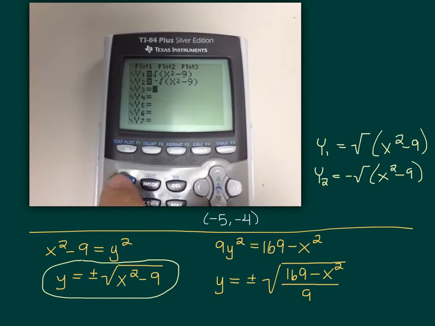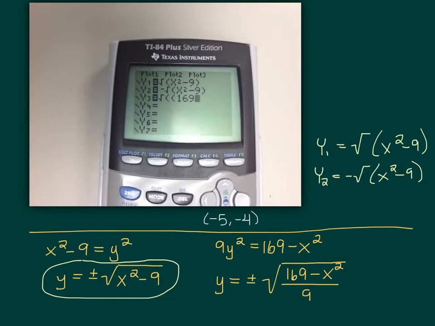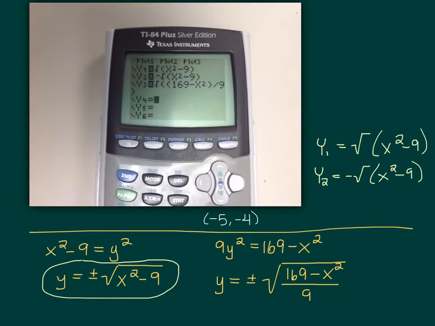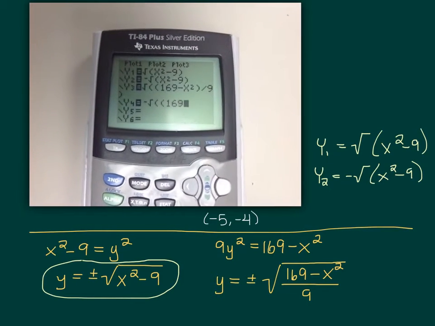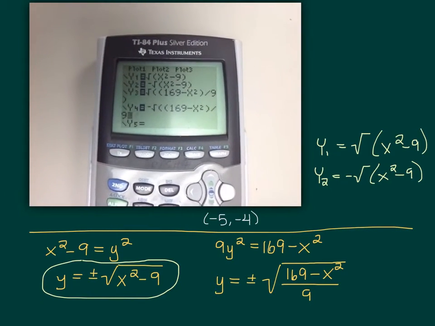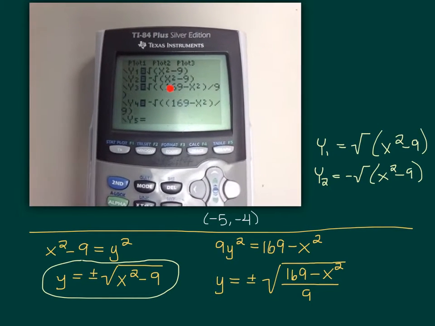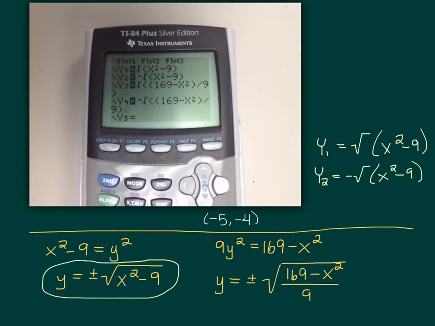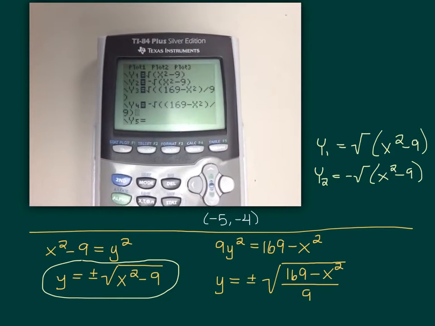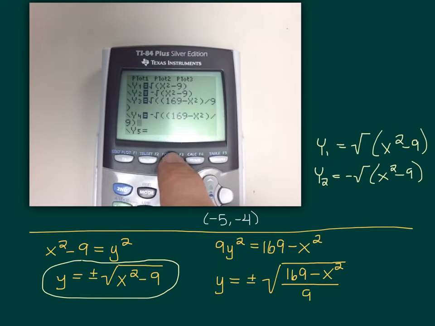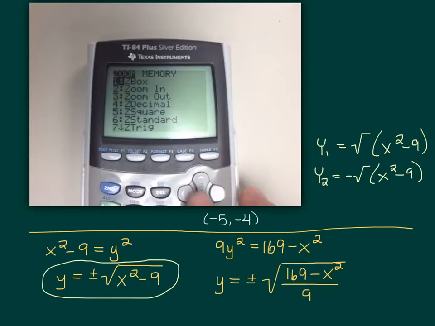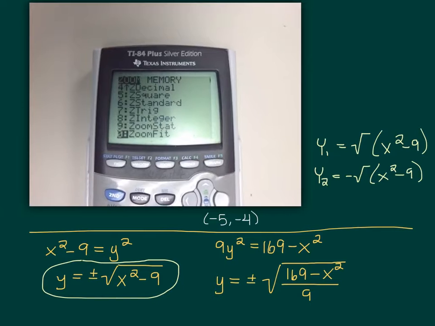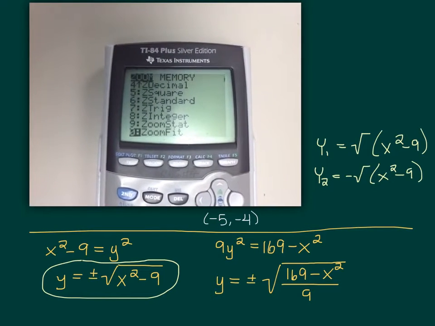For the other one, we're going to have the square root of 169 minus x squared over 9, and the negative square root of 169 minus x squared over 9. Noticing that I do have to put the numerator in parentheses there. So make sure you do that anytime you're graphing any sort of rational expression. So we do all of this, and then we'll have to find a zoom window to work. Let's try zoom 0, which is zoom fit. Let's see what the calculator gives us for zoom fit.